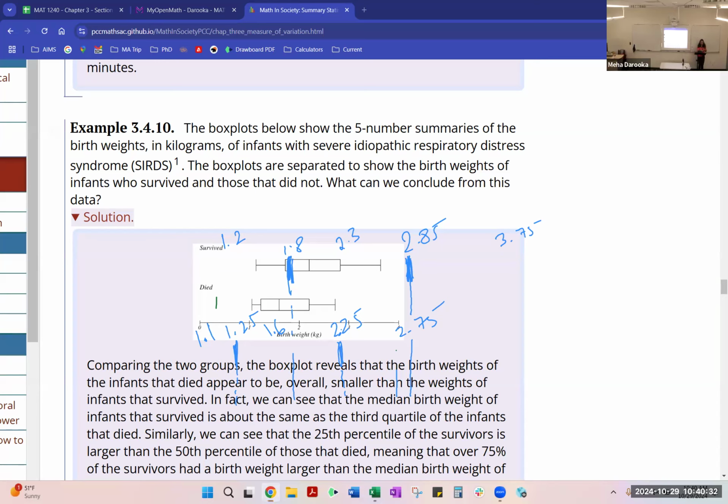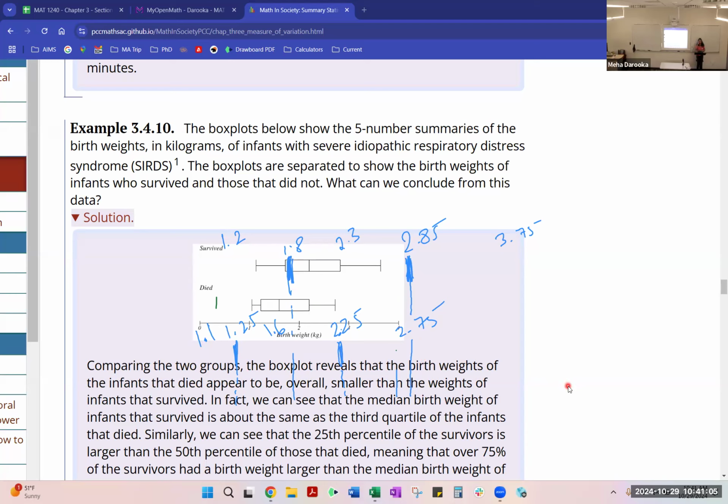So we're comparing the third quartile here to the median birth weight of the infants that survived, right? You can see these were not too far off from each other, which is a significant difference, because quartile 3 is the 75th percentile, whereas the median is the 50th percentile. So there's a good 25% of birth weights in there that we are comparing.